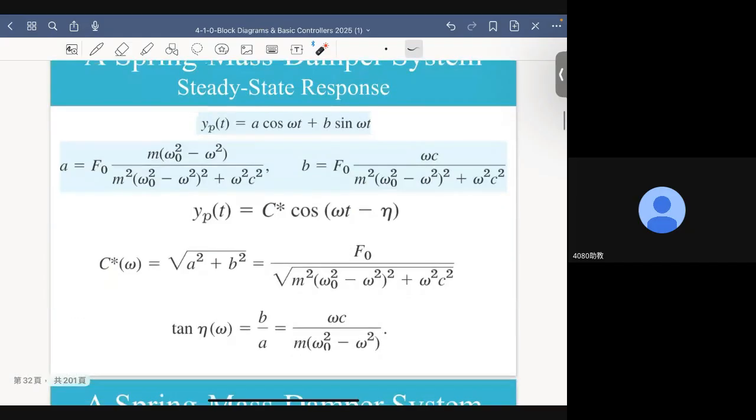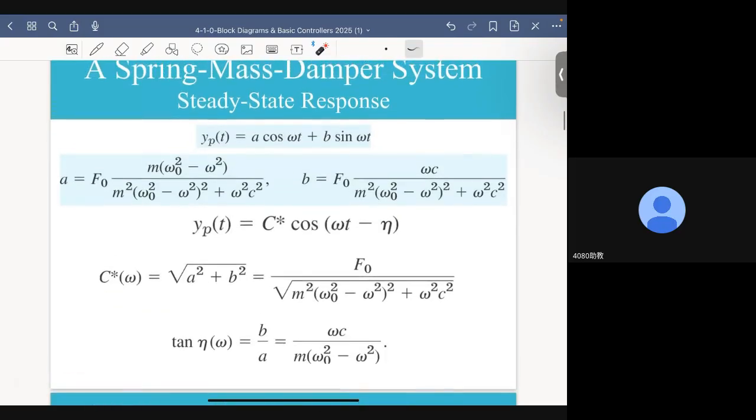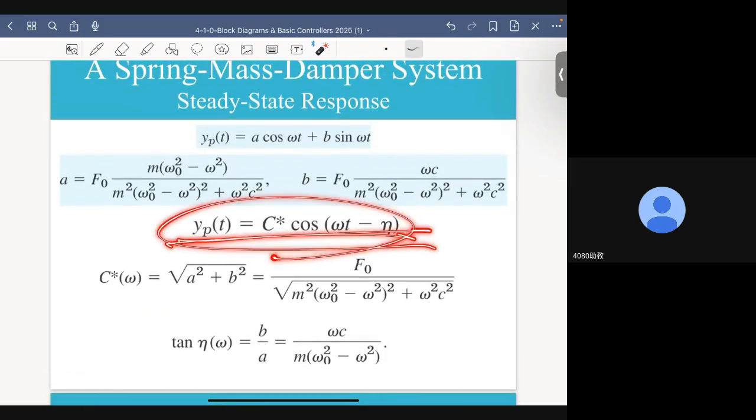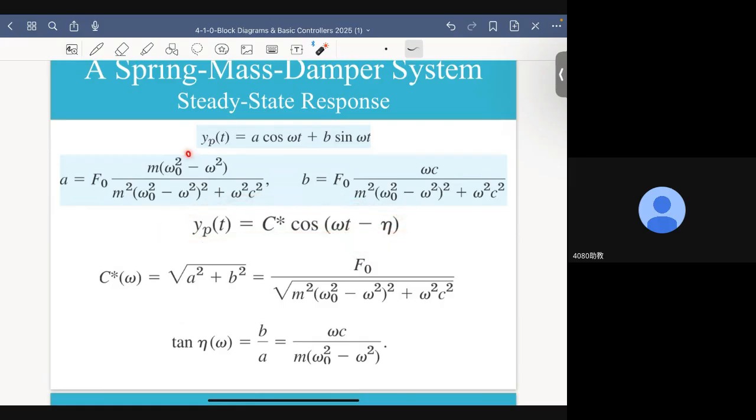Now, we want to go one step further so that the response of the system can be represented not in this format, but in this format. Why do we want to do that?